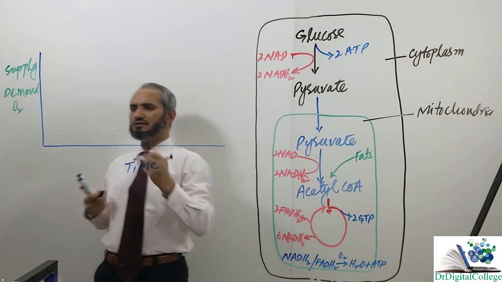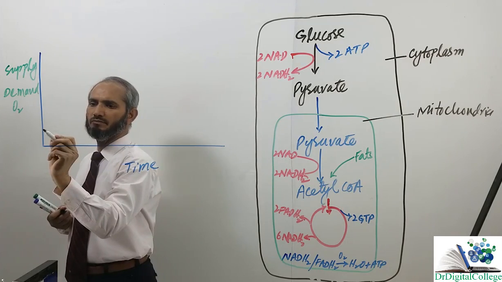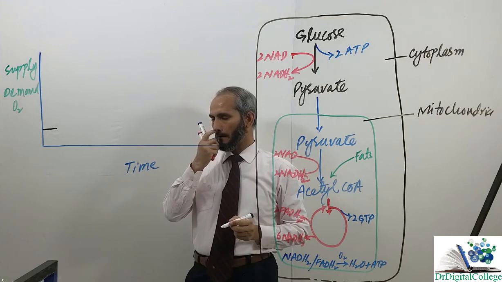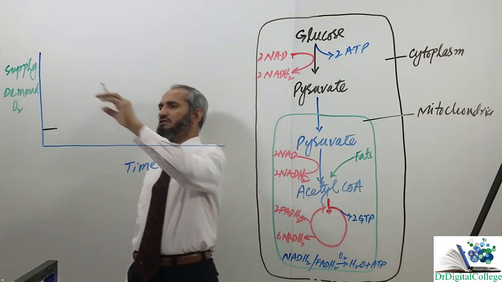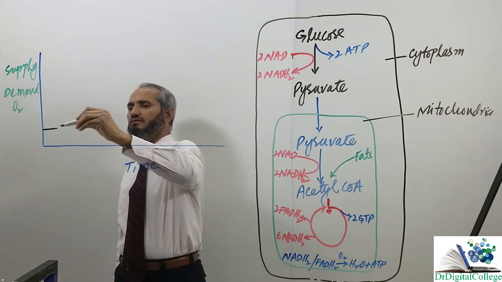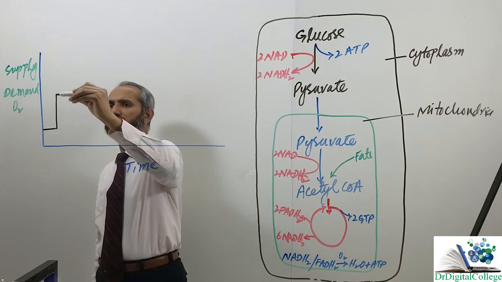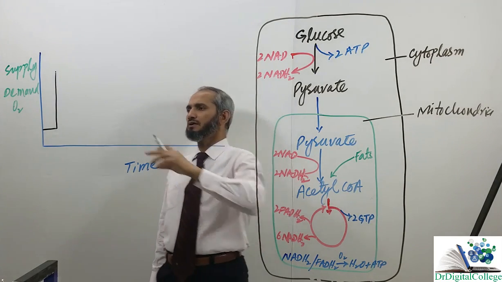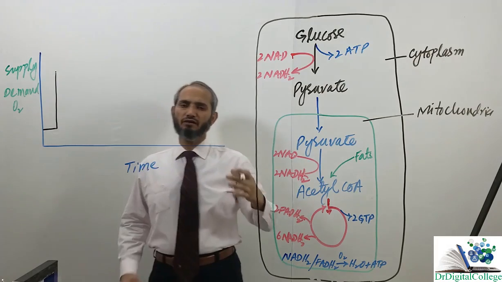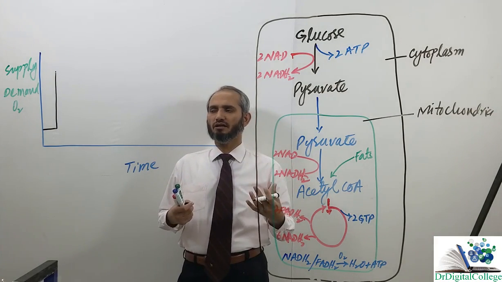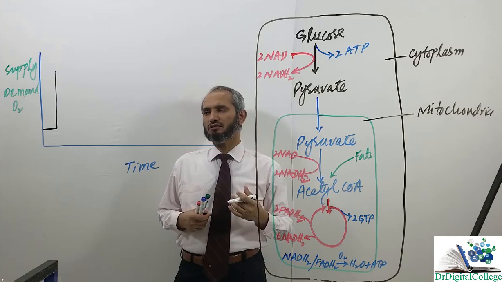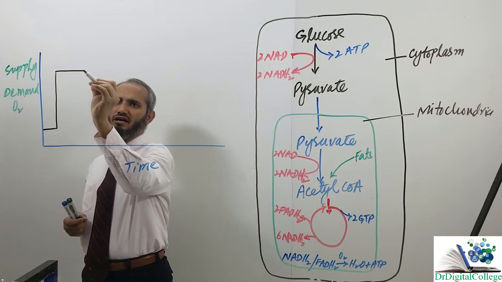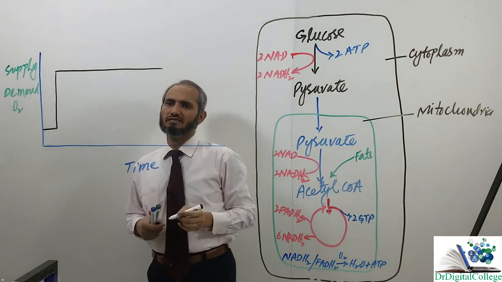During resting condition, the demand of oxygen is this one, and the supply of oxygen and the demand of oxygen is this one. When we start exercise, it will immediately rise to a higher level. Means the demand of energy of the body will increase, so the demand of oxygen of the body will increase to do aerobic respiration, and it will remain high as long as we are doing almost the same level of exercise.